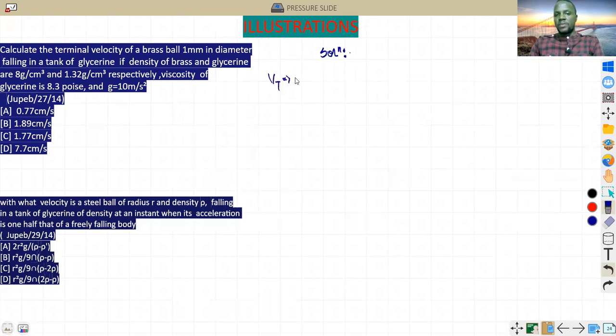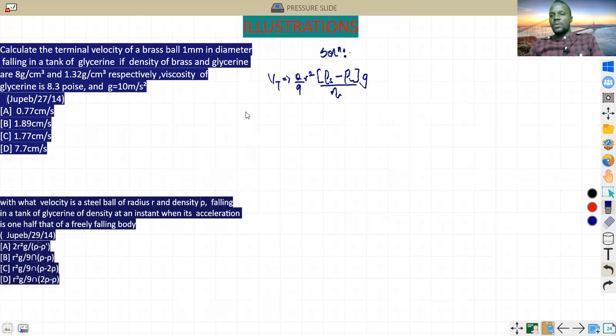The terminal velocity is given from the derivation as 2 over 9, r squared, open bracket, rho of solid minus rho of liquid, close bracket, divided by the coefficient of viscosity, then multiplied by g. So this is the formula we are going to use to solve this question, and we are going to do that together by first bringing out the parameters and doing the conversion as needed.